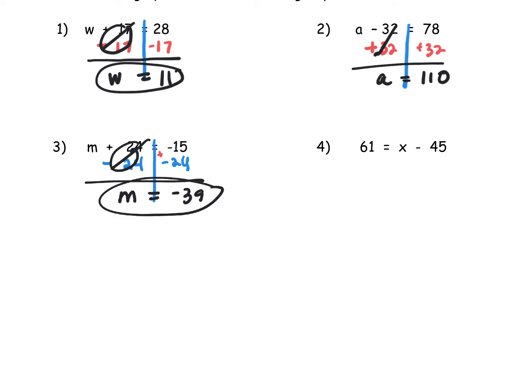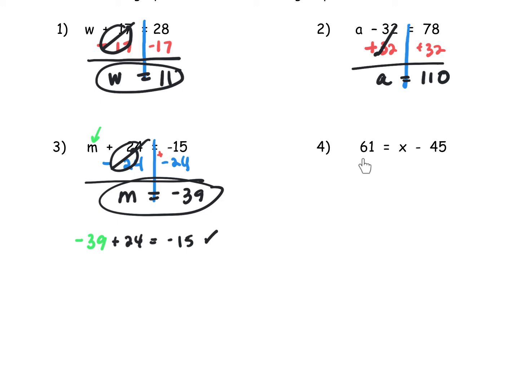And if you're not sure about a particular answer, the way to check that would be to replace the variable m with our solution, which is negative 39, and then complete the rest of the problem as given. So we added 24 to our variable m, which we now think is negative 39, and we should get negative 15. So go ahead and check that on your calculator, and it will indeed give you negative 15.